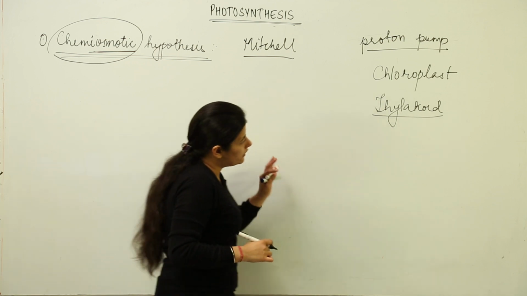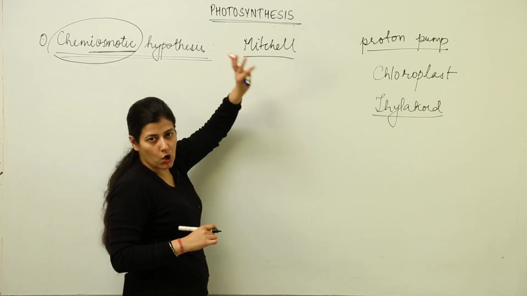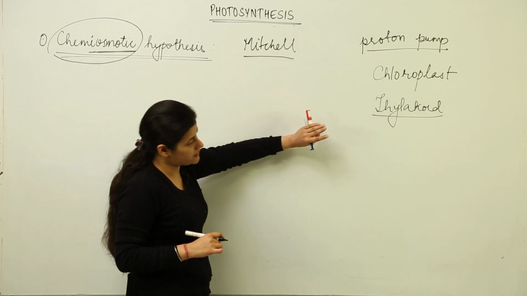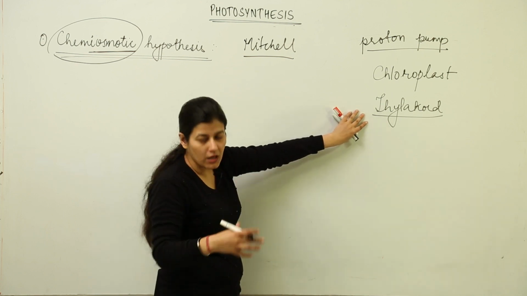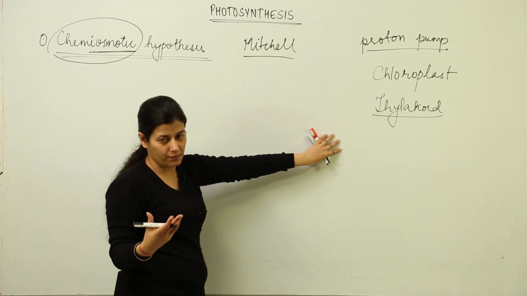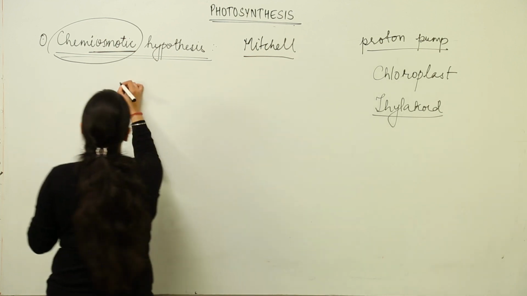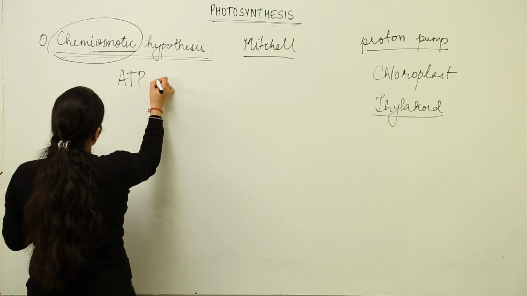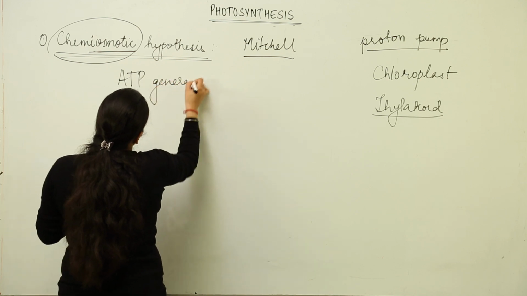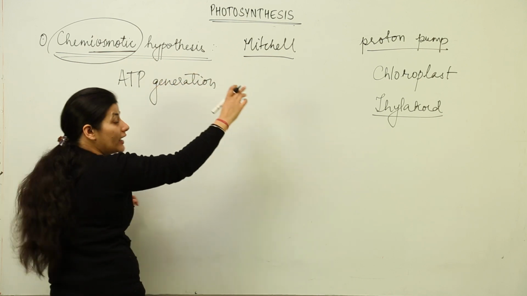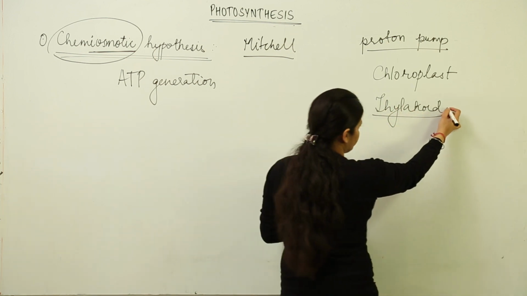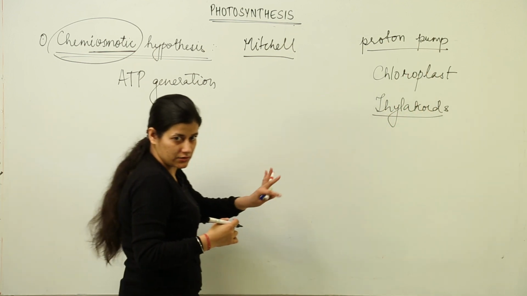Now this chemiosmotic hypothesis that we study, the site of this particular process that is taking place, that would be involving proton pumps, and another thing, ATP generation, the site would be thylakoids. One thing that is to be kept in mind.